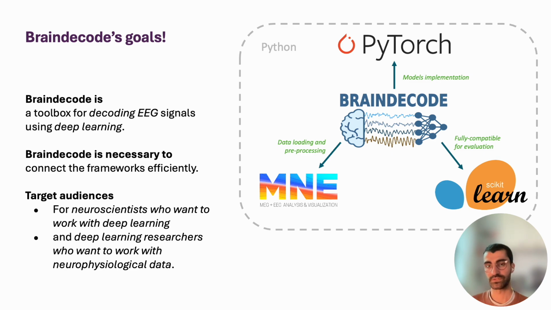And finally, we have scikit-learn, which is a machine learning library. And we use scikit-learn to evaluate all of our models because all the PyTorch models can be wrapped into a scikit-learn estimator and fully compatible with the whole scikit-learn ecosystem.